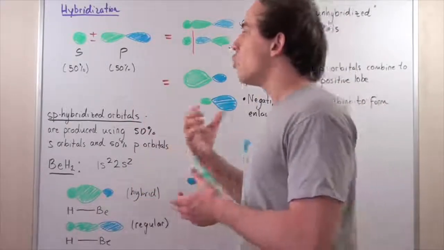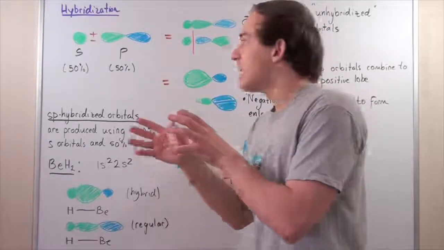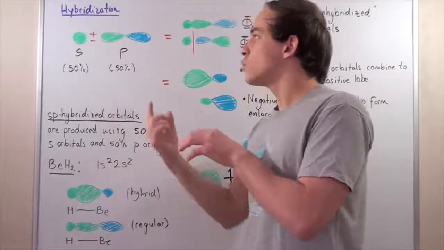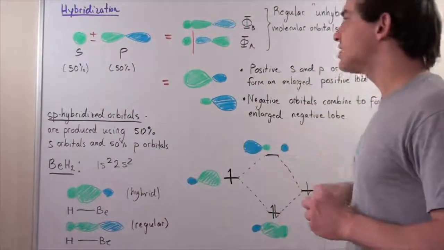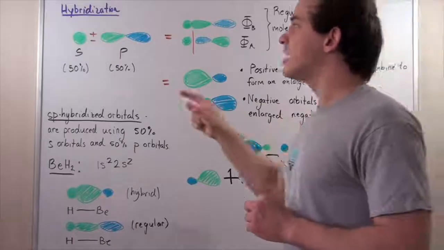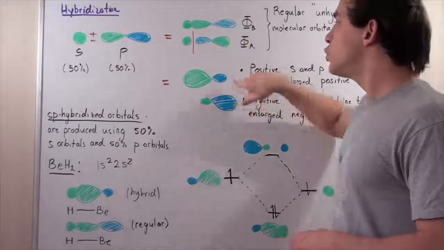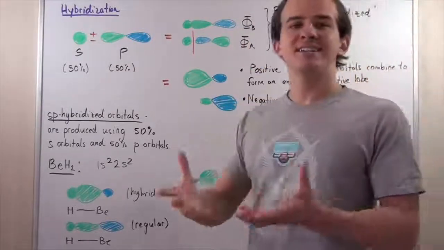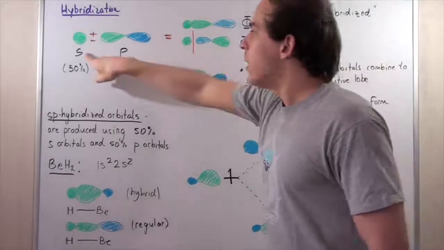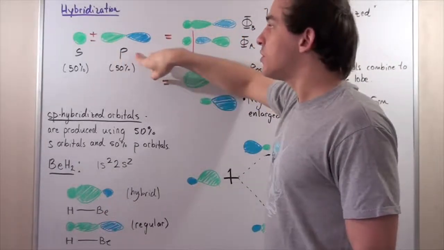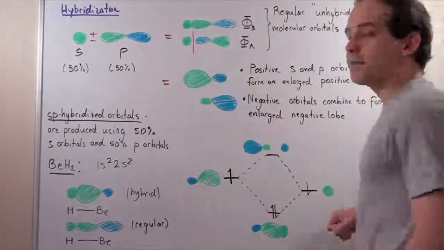In other words, within that single atom, an s orbital interacts with a p orbital to produce two hybridized orbitals. Once again, we input 2 orbitals, so we should get back 2 hybridized orbitals, and that's exactly what we see happen here.